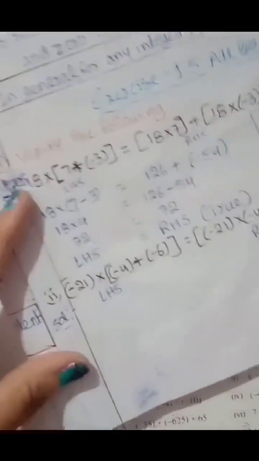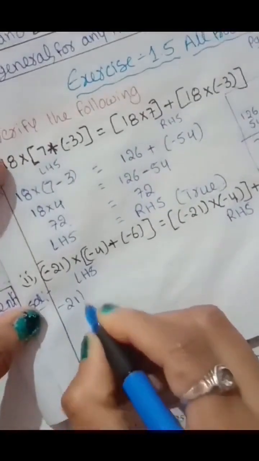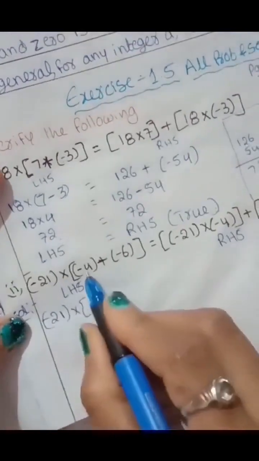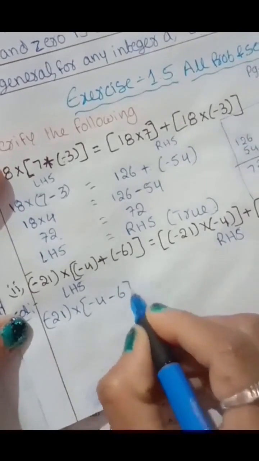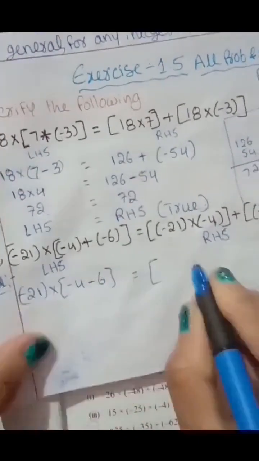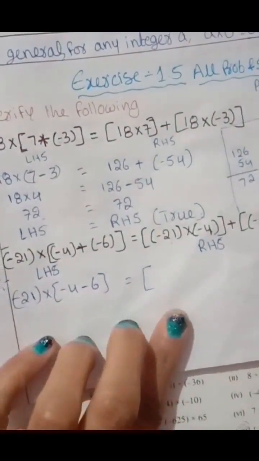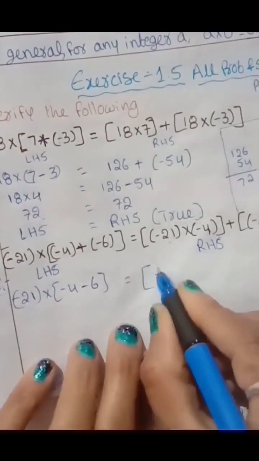First, minus 21 as it is you can write down. And next one is the bracket minus 4 plus minus 6. Next one is the minus 21 into 4. 21 into 4, 4 1s are 4 and 4 2s are 8, so minus into minus is the plus 84.